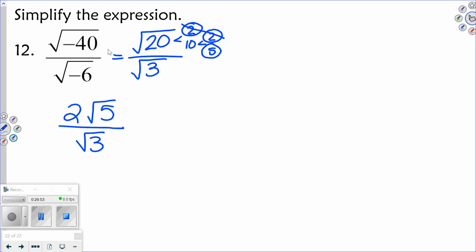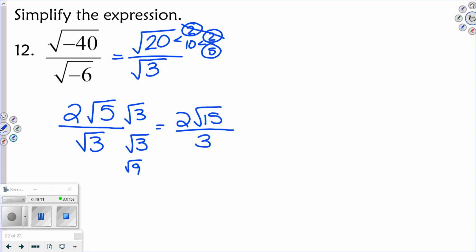And then I have to rationalize. So I multiply top and bottom by radical 3. So on the top, I'm going to have 2 radical 15. On the bottom, radical 3 times radical 3. Good, it's just 3. Right? That's going to be radical 9, which the square root of 9 is 3. Nothing else simplifies, and I am done.